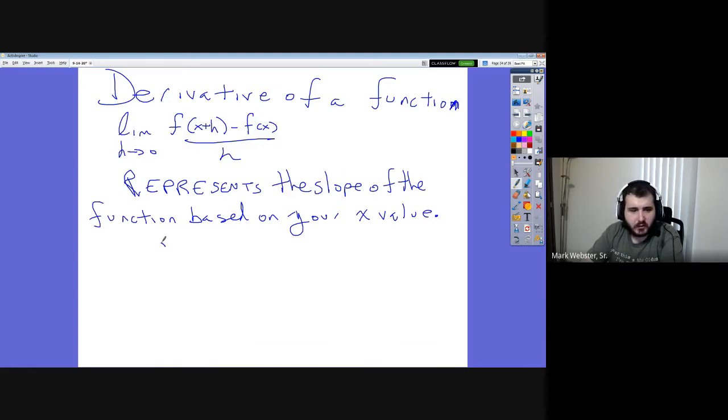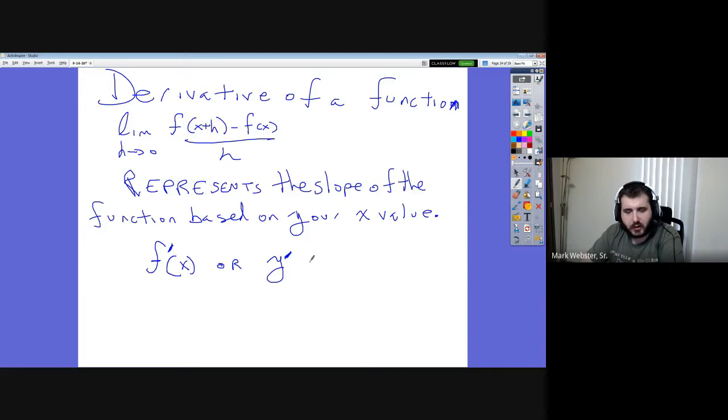There's many different ways that a textbook might imply that what you're doing is the derivative. So if they do this little apostrophe up here, that's called a prime. If they call something f prime of x, that is the derivative. Or they might call it y prime, like y equals instead of f of x.